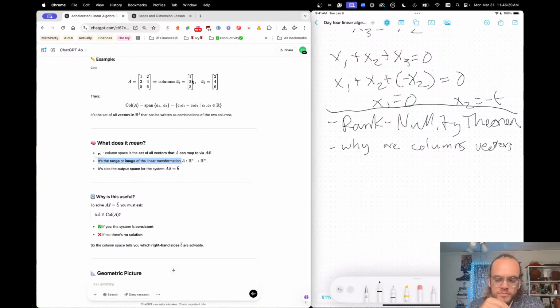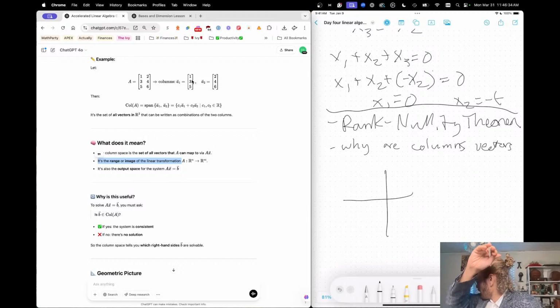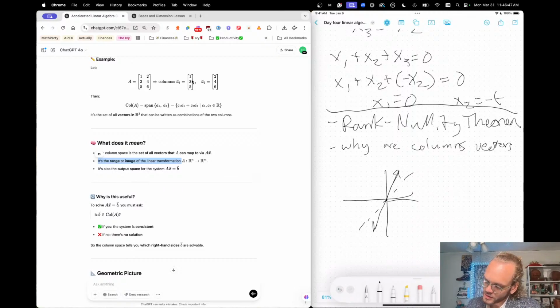If I were to draw that out, it's something like, here's x, y, and z goes like this. So it'd be one thing going like this, and then another thing going like that. Two lines in this 3D space.